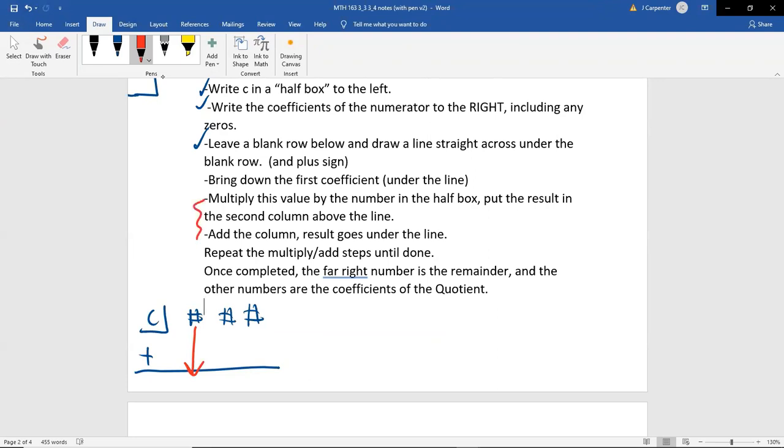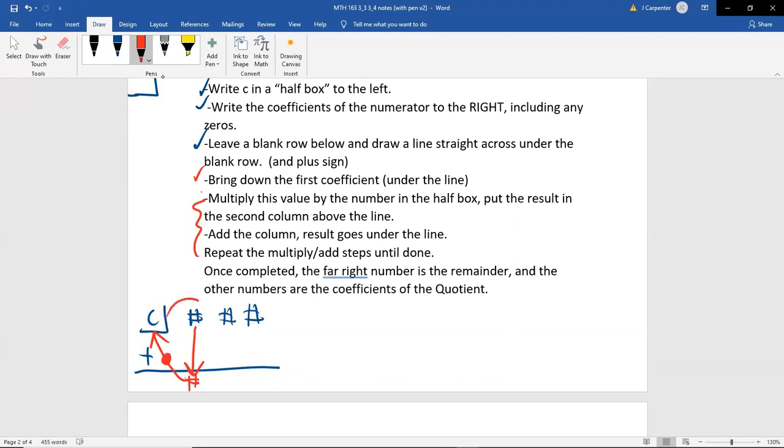So this is the repeating phase. We did the bring down. Now multiply this value. Whatever number this is, that's what this number will be. Multiply this by the number in the half box. So this is us multiplying. You'll take whatever you bring down and it gets multiplied by this.